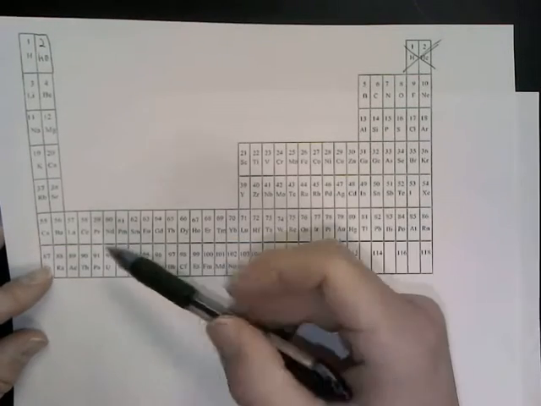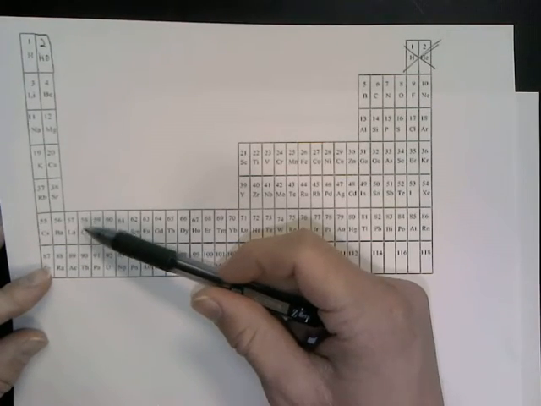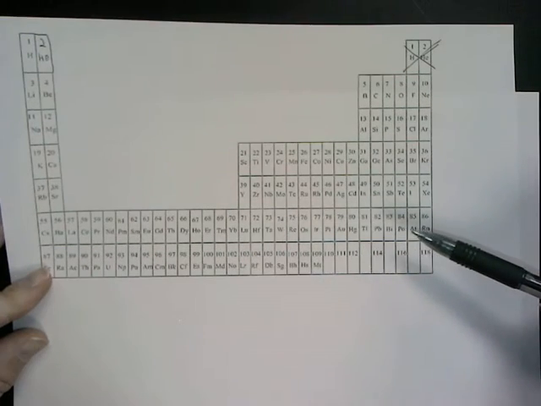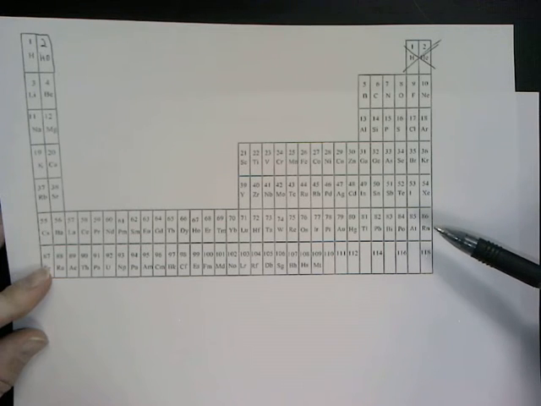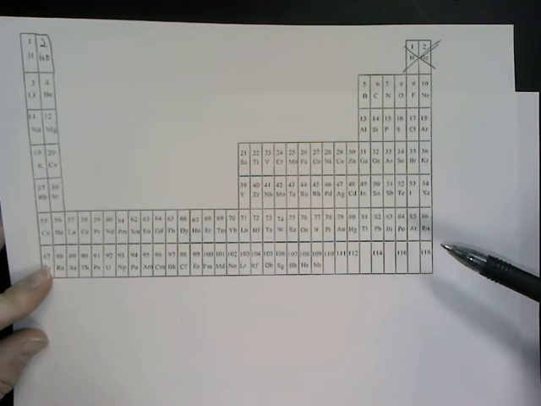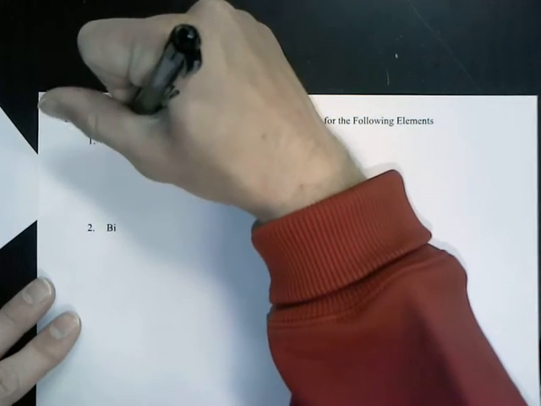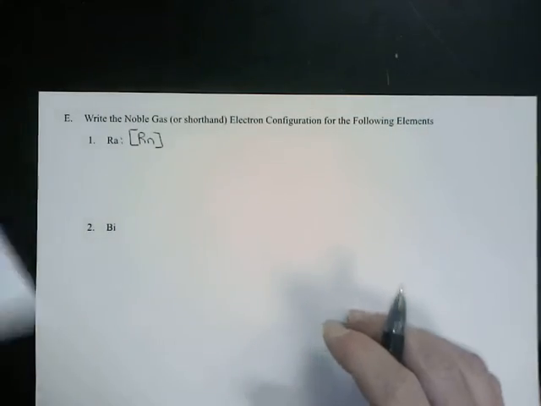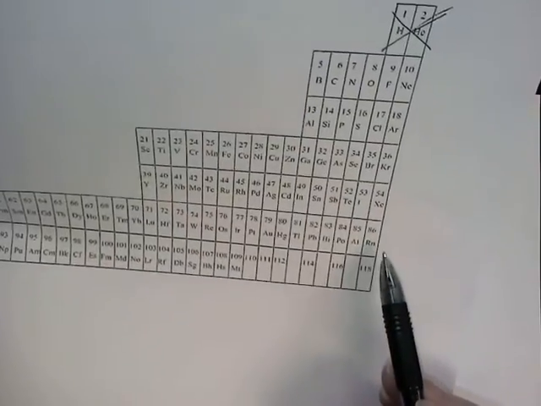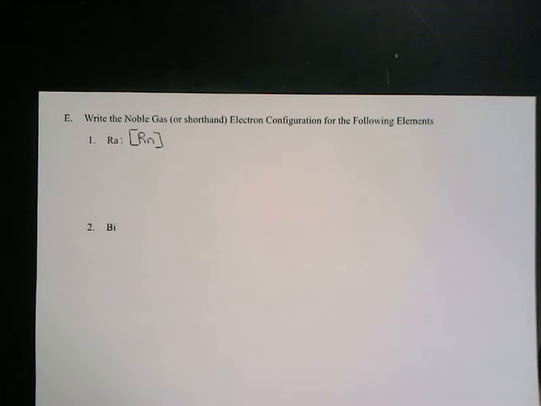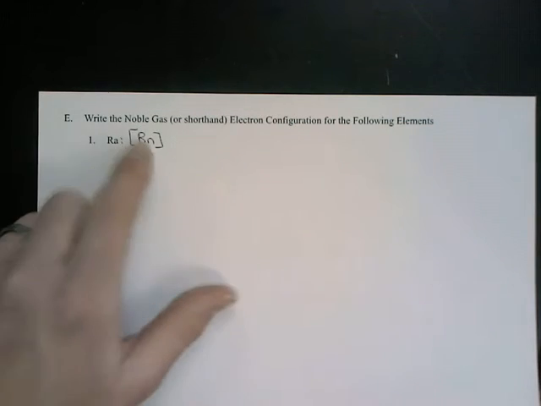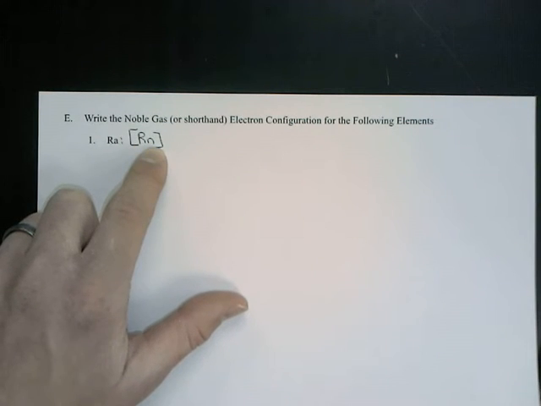So what we do is we go up one row and we go all the way to the right and find the first previous noble gas.